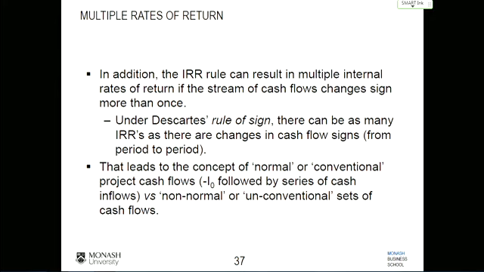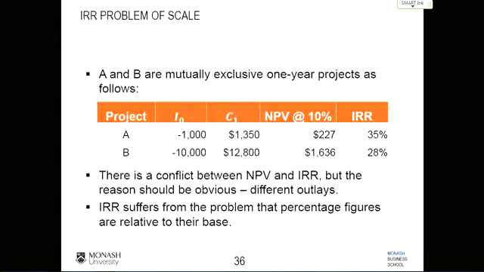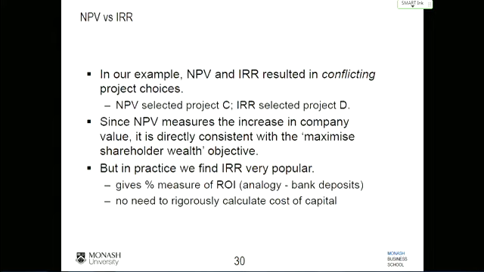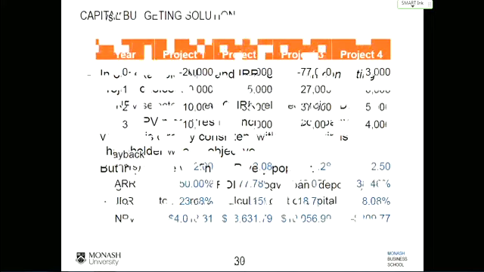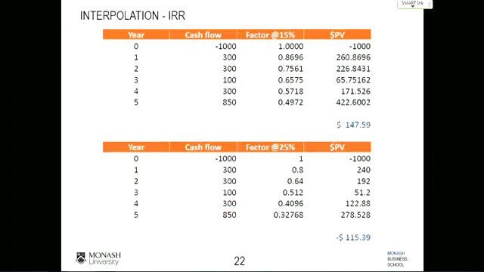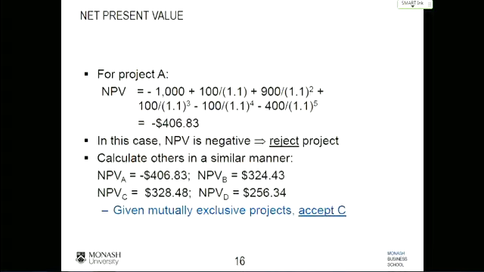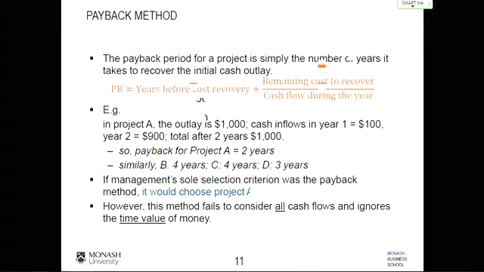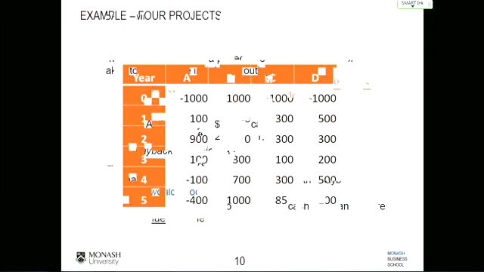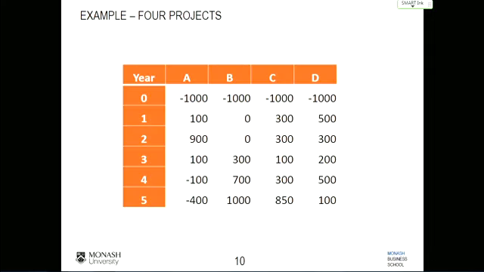The next one will explain why I ask you not to calculate the IRR of project A in your financial calculator. Okay? And the reason is as follows. So ignore project A for a moment.